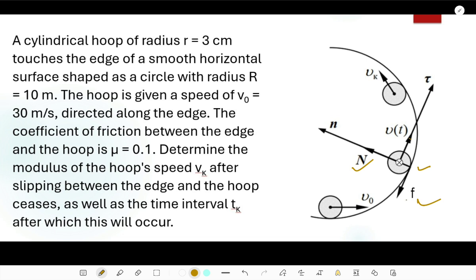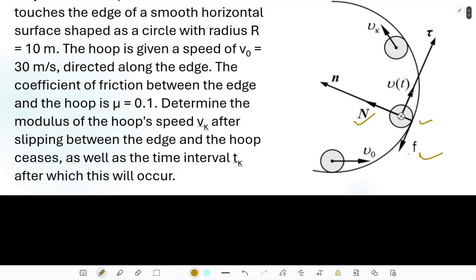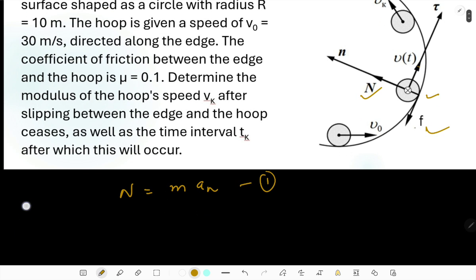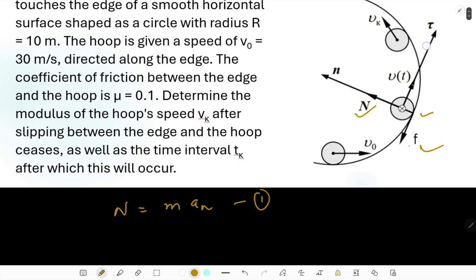The equation of motion of its center of mass, it's my habit, along the normal and tangential axes. Normally acting along the normal itself, I can write N is equal to mass into normal acceleration. This is my equation 1. The tangential axis is taken along this axis, and the friction force acts in the opposite direction to the taken axis.